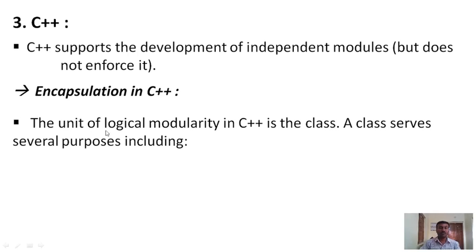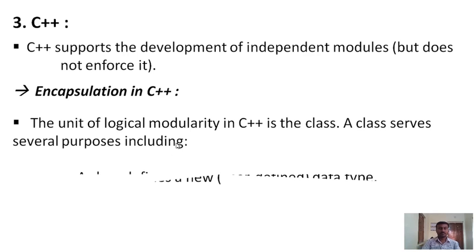So the unit of logical modularity in C++ is the class. C++ is a pure object oriented language. So how can we keep all the data together? With the help of classes. A class serves several purposes.